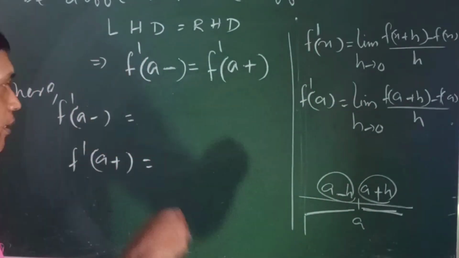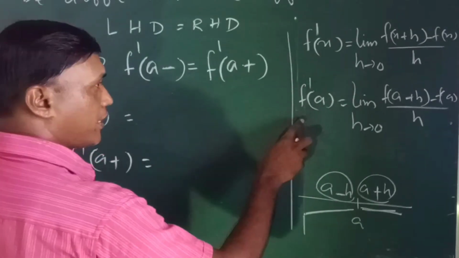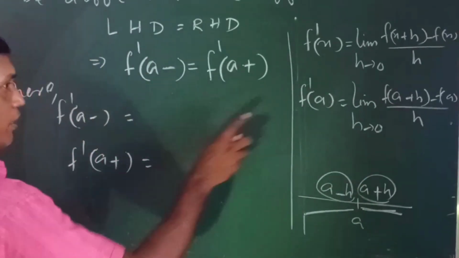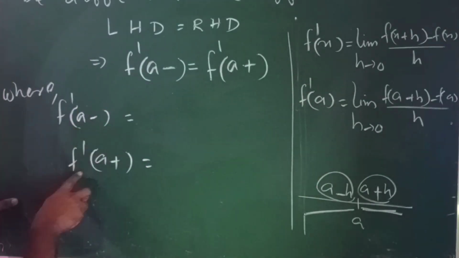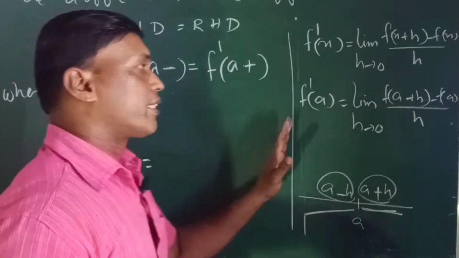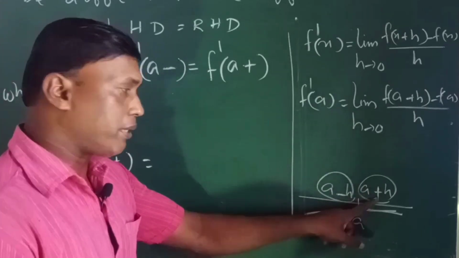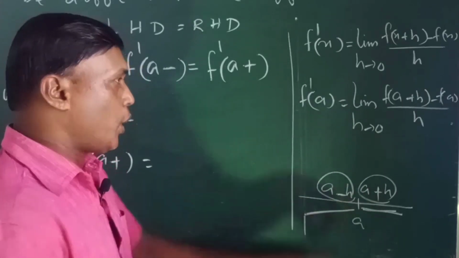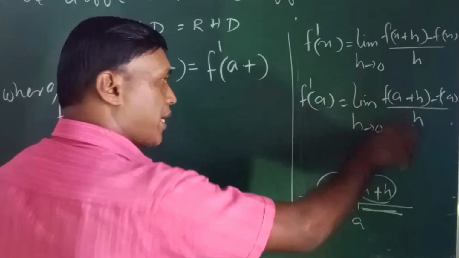How? Simple formula. This is the derivative of x. This is f dash a, and from this you can find the formula for left derivative and the formula for right derivative. How? If h is plus, then it is the right derivative. If h is minus, then it is the left derivative. So simply put here h is equal to minus h.